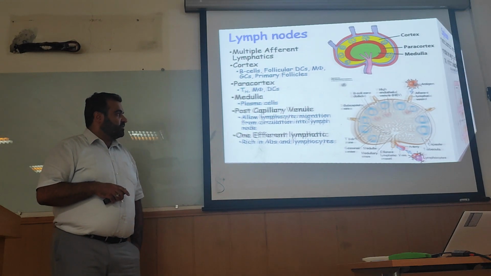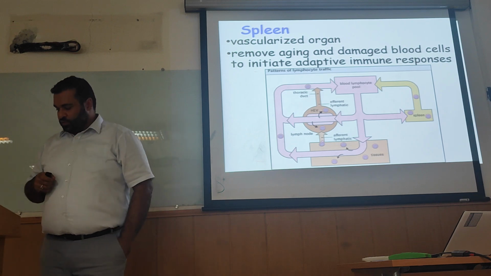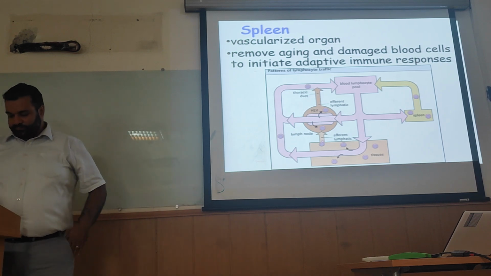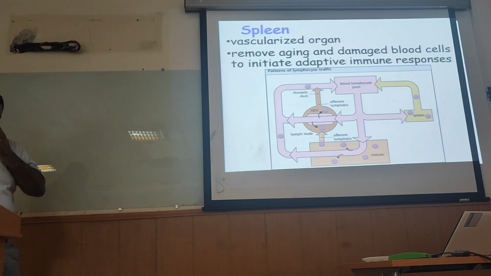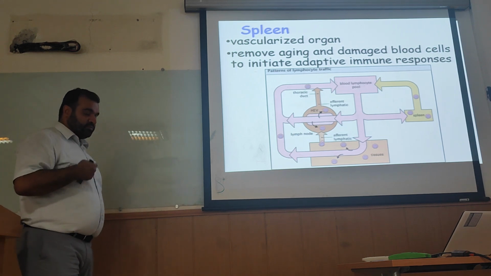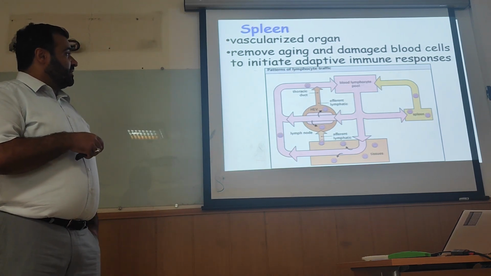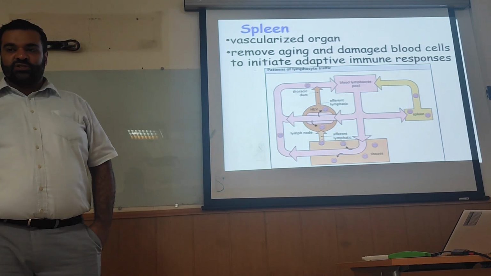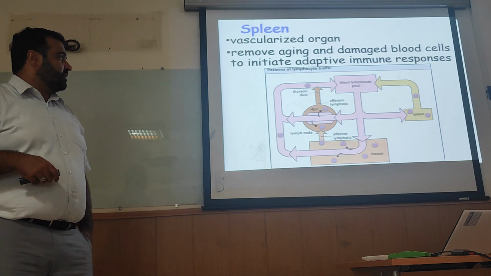Right, I think we covered everything on this slide. The spleen, the other organ of the immune system, is much more vascularized compared to lymph nodes. What does it do? It literally traps antigen and passes it on, activating various immune cells.